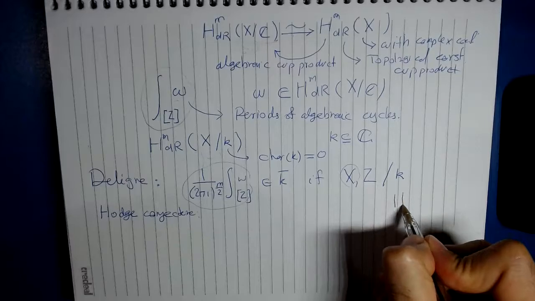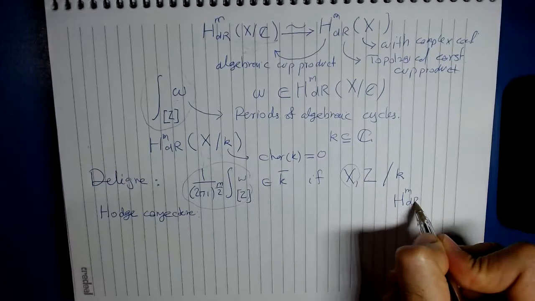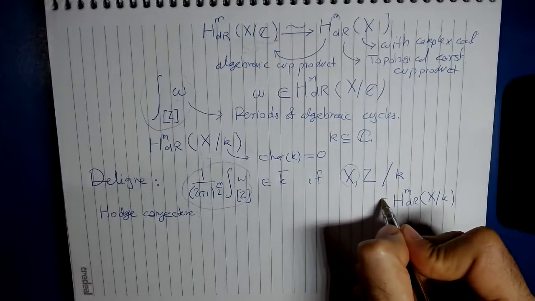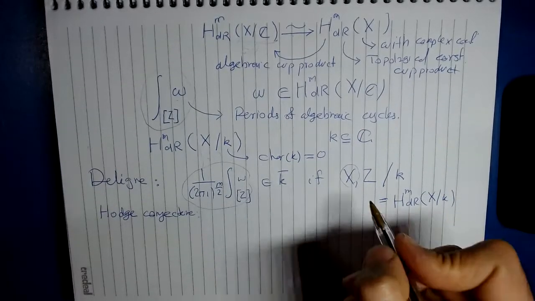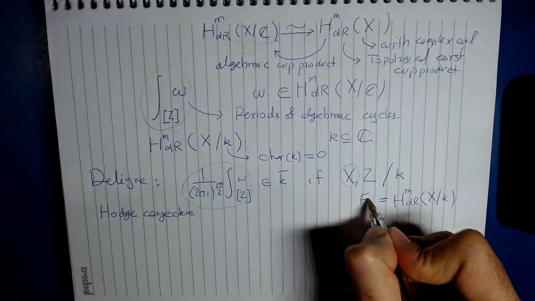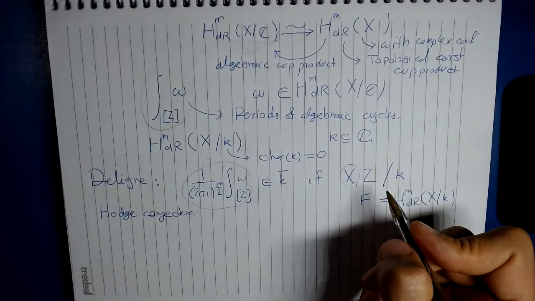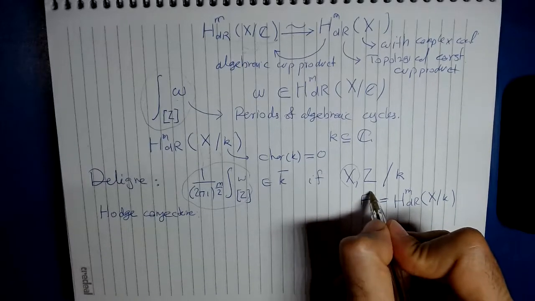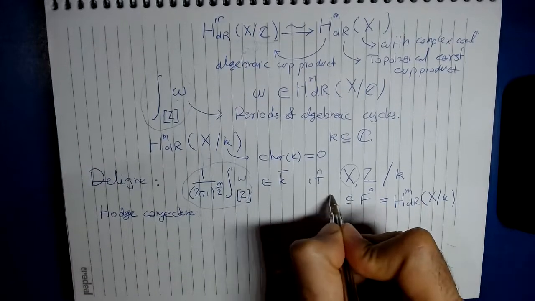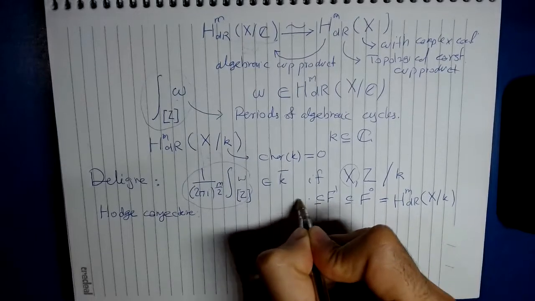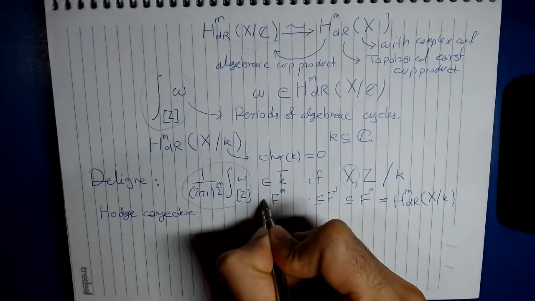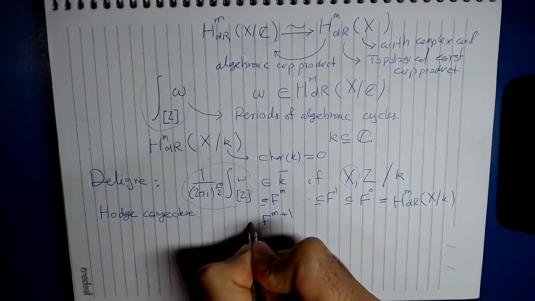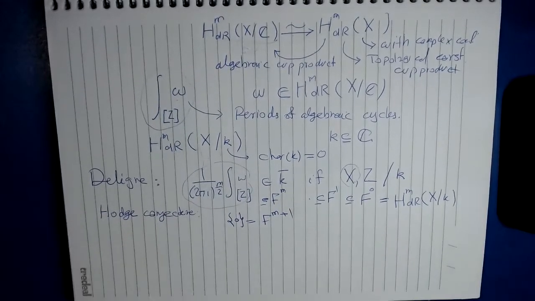After Grothendieck's definition of algebraic de Rham cohomology, something was done by Deligne, that we can define the Hodge filtration, which is defined in the harmonic side, purely in the algebraic side. This will be a filtration of the cohomology, and it will go until F^m, and F^(m+1) will be 0.